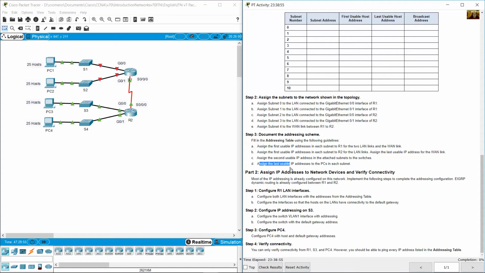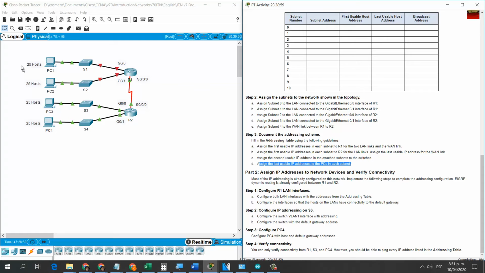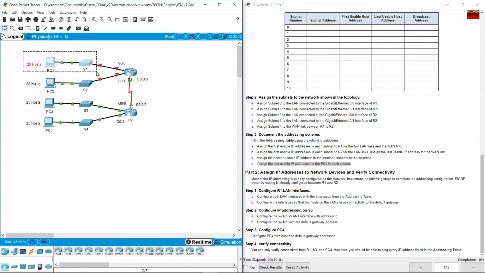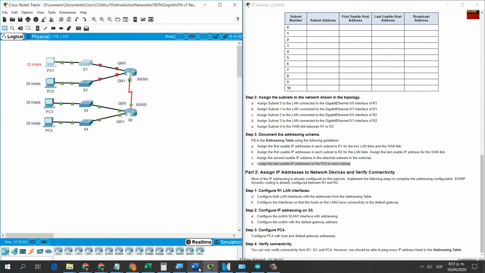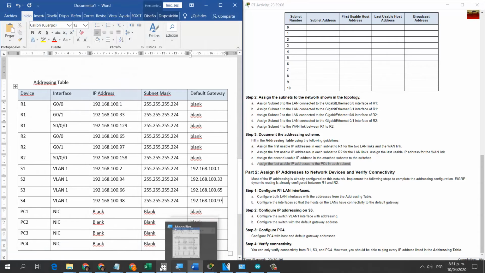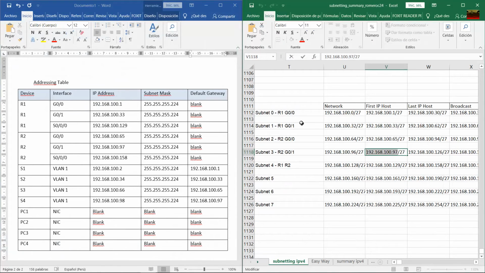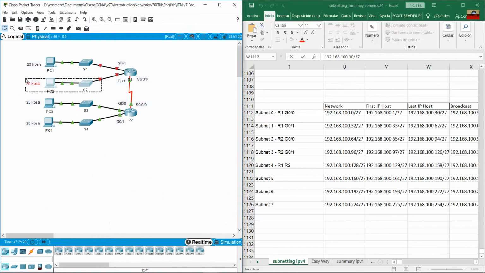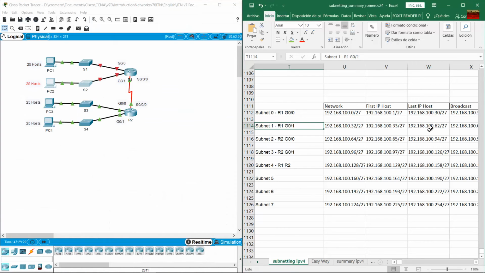Assign the last usable IP addresses to the PCs in each subnet. PC1, subnet 0, last IP. PC2, subnet 1, last IP.